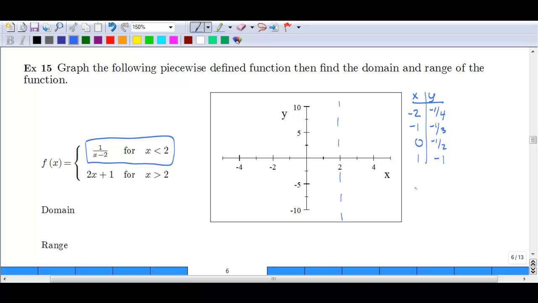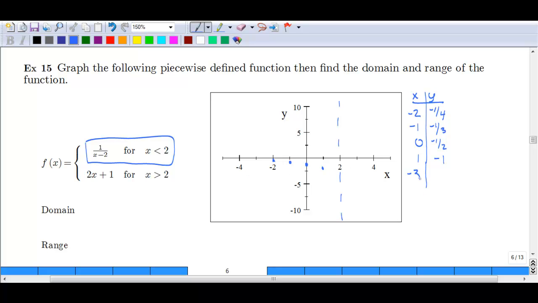So if we were to plot these points, we've got -2 is really close here to the axis. We have -1/3, which is not much further away from the axis, at -1/2 at the point 0, -1/2. And at 1, we are at -1. Let's plot a few more points just to see what's going on here.